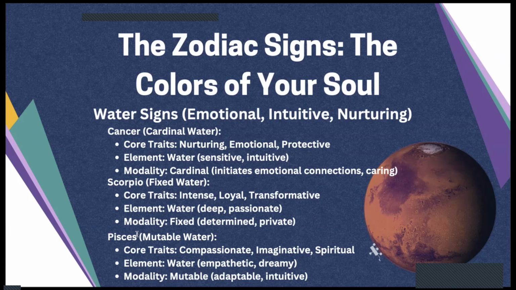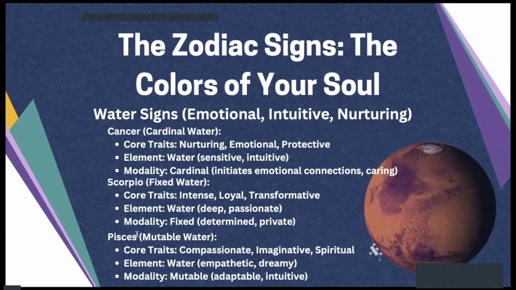They are connected to their emotions first. If you could connect to the emotions of a Cancer, then you are speaking their language. Because why? The modality initiates emotional connections. Caring, like a nurse, that type of caring.